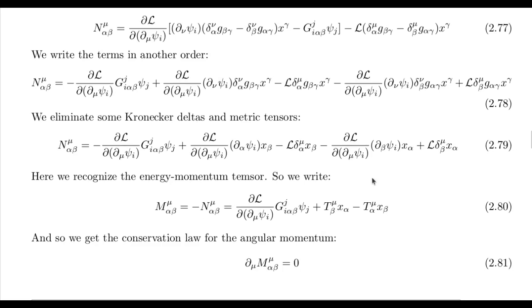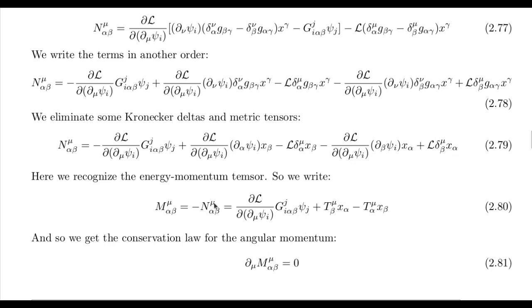And the energy momentum tensor we had derived, we see it here again. We see here this is an energy momentum tensor multiplied by x beta here. And here we see this is also an energy momentum tensor multiplied by x alpha.